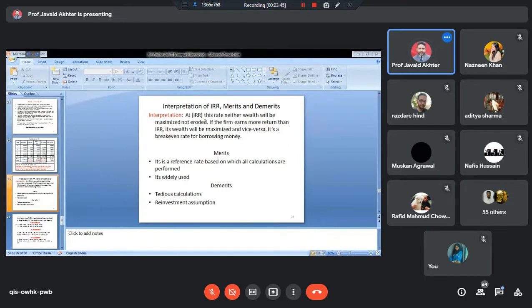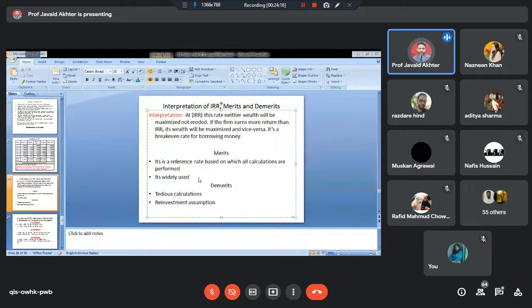Merits. It is a reference rate based on which all calculations are performed. What was the limitation of NPV? One of you asked me a question, why 10%, why not more? In case of NPV, we have no idea at which rate we should discount. IRR has provided us that rate. It is a reference rate based on which we can discount. Second, it is widely used.